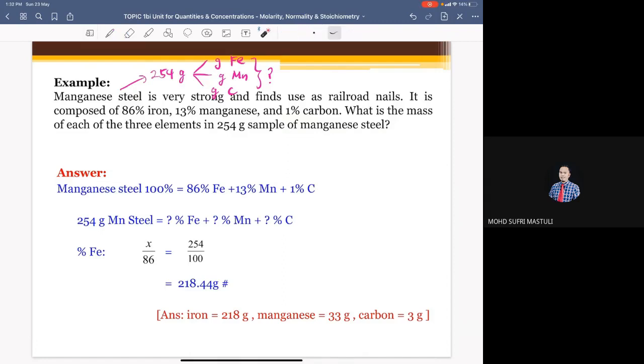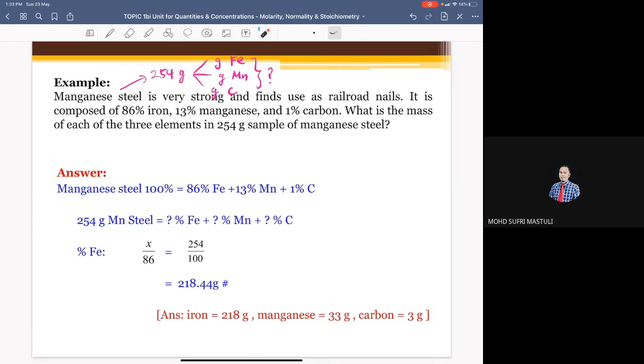From the question we know 100% of manganese steel is composed of these mass percentages. So in 254 gram of manganese steel, how many grams of Fe, how many grams of manganese, and also how many grams of carbon. So we can calculate the mass of Fe, for example.